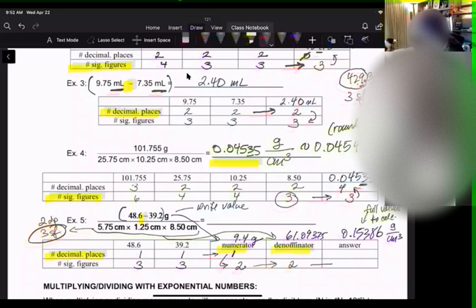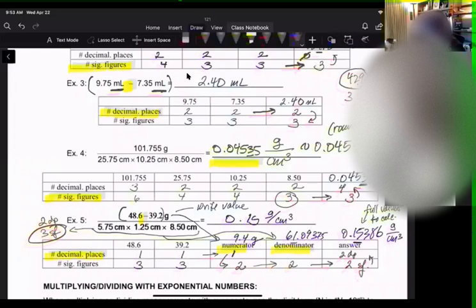So we're going to get that from here. And we're going to get 2 significant figures in our answer. And in this case, that equals 2 decimal places. So our final answer is 0.15 grams per centimeter cubed. And that's the rounded value, because there's our full answer.